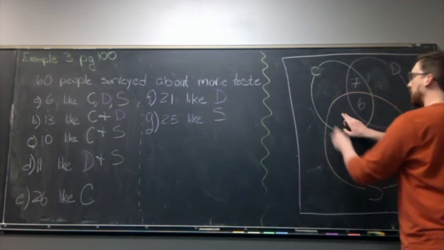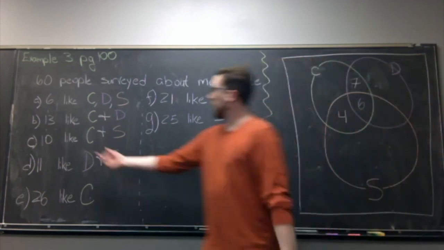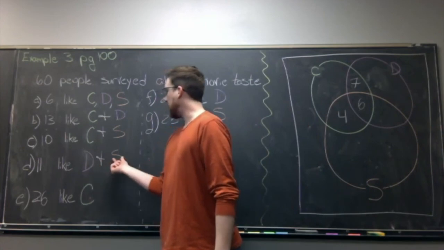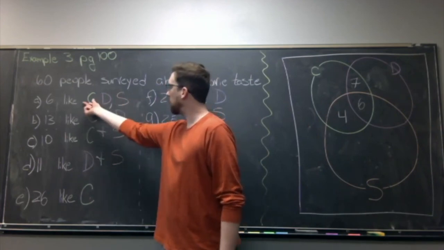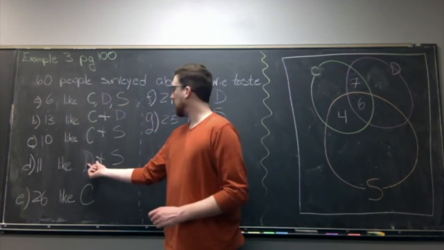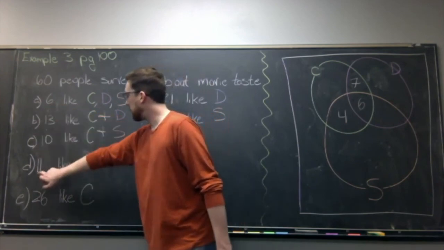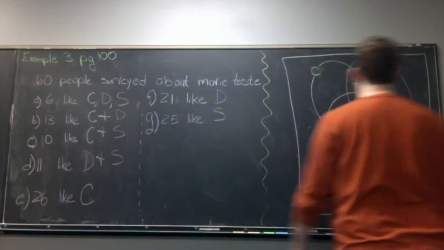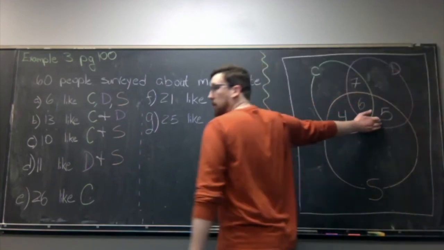Again, it's 10 minus 6. Now, drama, science fiction, but we have to remove those who like comedy to get just those who only like drama and science fiction. 6 subtracted from 11 is going to be 5. Goes into this nice little bubble right here.